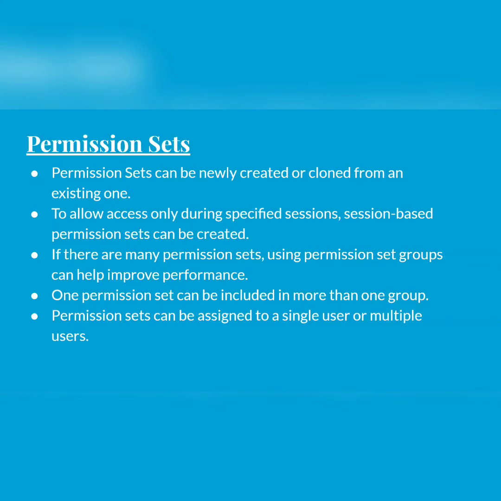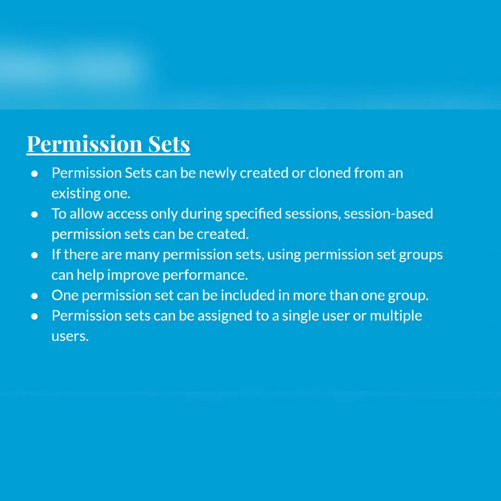You can create a group of those 5 permission sets and simply assign that permission set group to those users instead of assigning them individually to all the users. So it will save your time and help improve your performance.